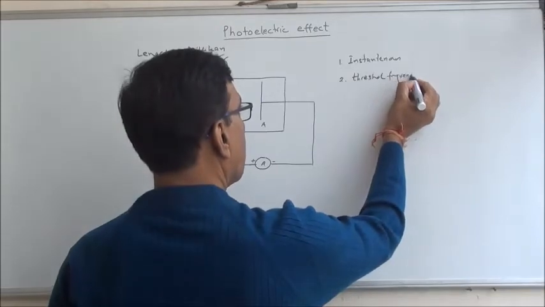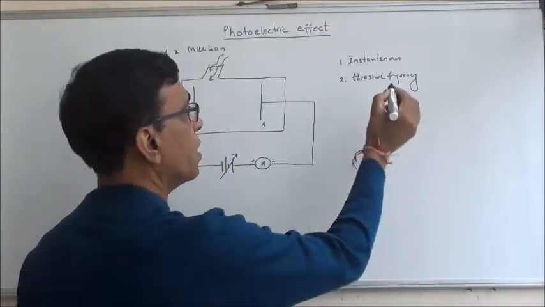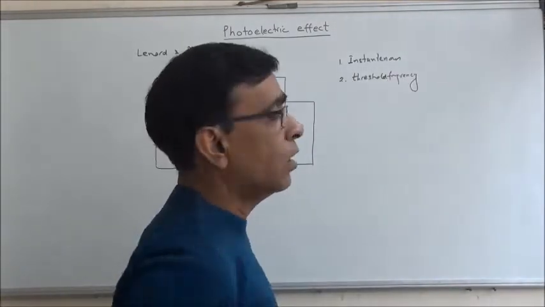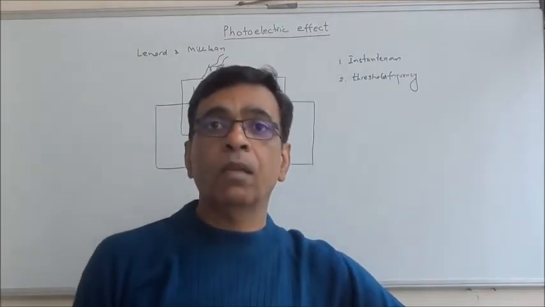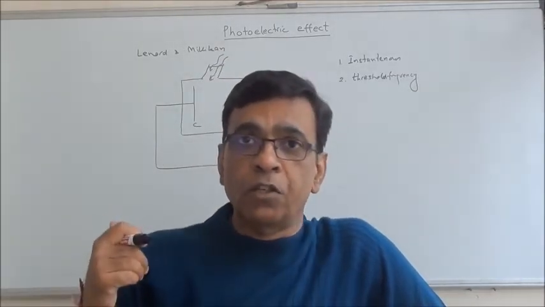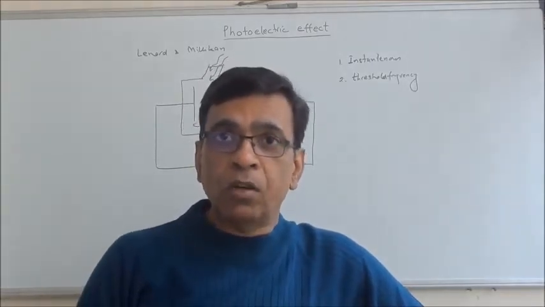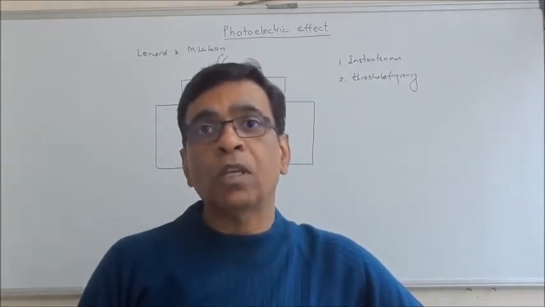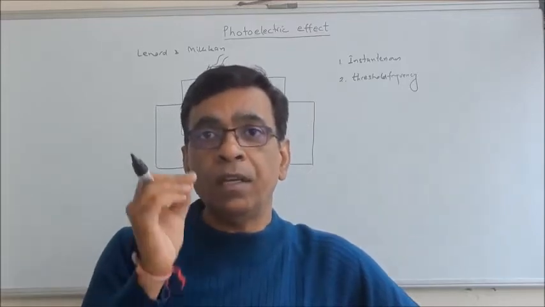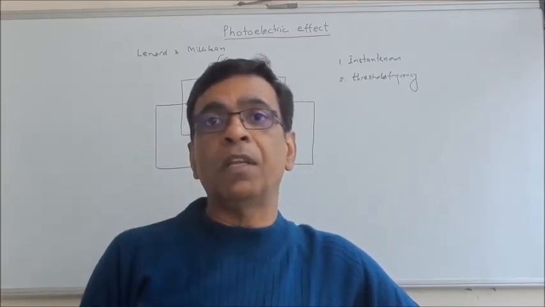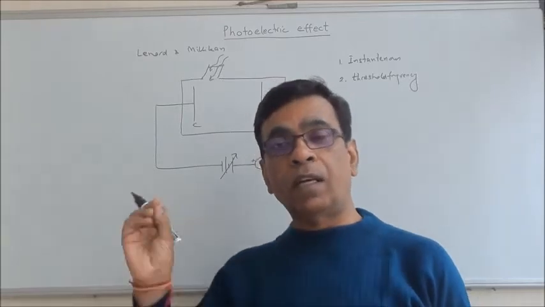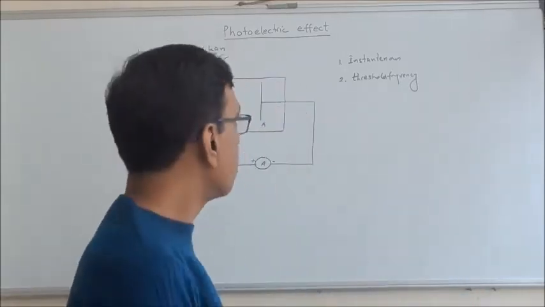Another very important point: existence of threshold frequency. Threshold frequency means this effect is observed only if the frequency of incident radiation is more than a particular frequency. We need a minimum frequency radiation to observe the effect, and that we call threshold frequency.